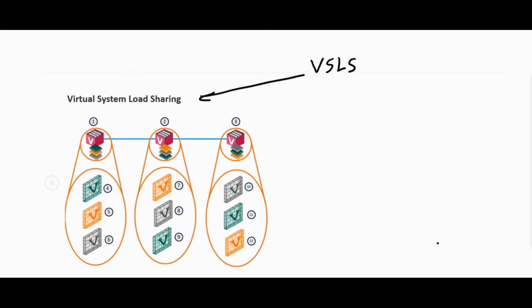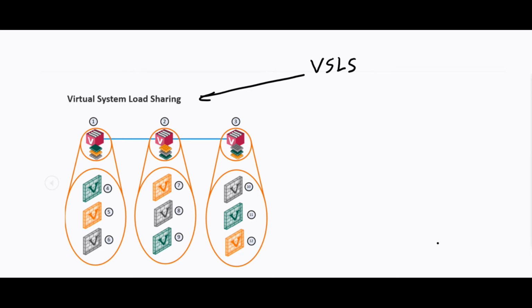A VSX cluster can efficiently balance network traffic load by distributing active virtual systems between VSX cluster members, and this capacity is known as virtual system load sharing, VSLS. Virtual devices like virtual routers and virtual switches without a physical or VLAN interface are not supported when we configure per virtual system state. Let me quickly help you understand this diagram.